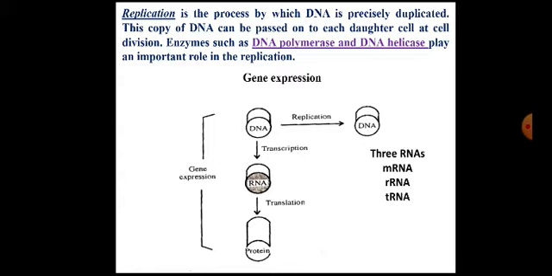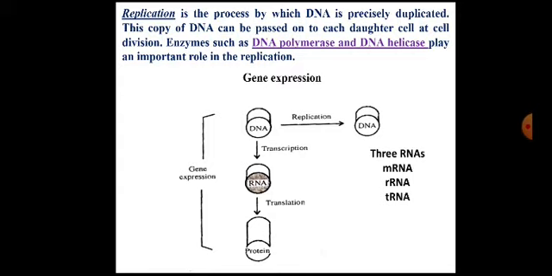So for the binding of mRNA to ribosomes, there is a function, that is the function of rRNA. So rRNA helps in the binding of mRNA to ribosomes. And later on there comes the role of tRNA, transfer RNA.